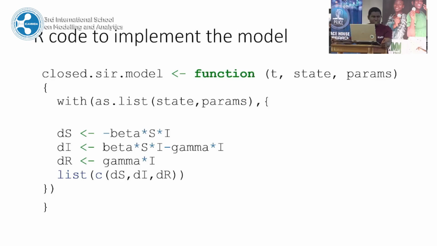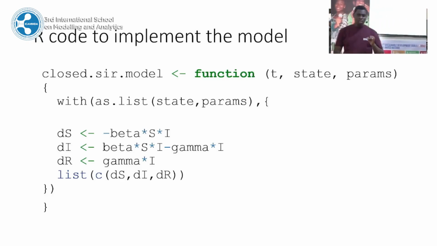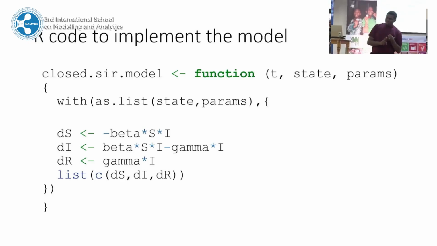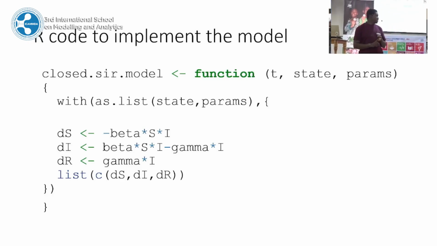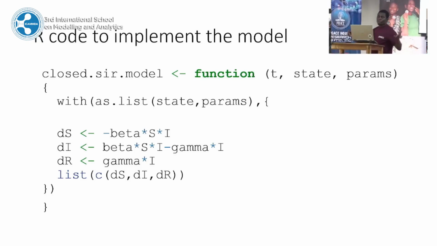We have time, state variables, and also parameters. So our model necessarily depends on these three things: time, state variable, and the parameter values.